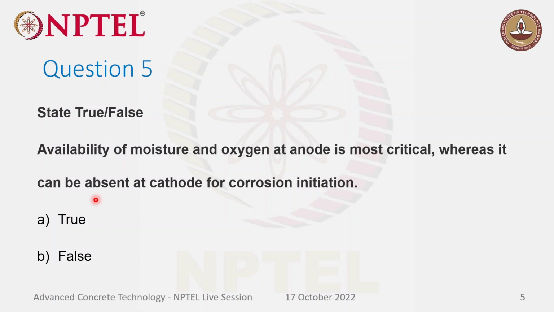If you find it's true, you can pick option A, or else you can pick option B. Before seeing the class response, let's see the solution.